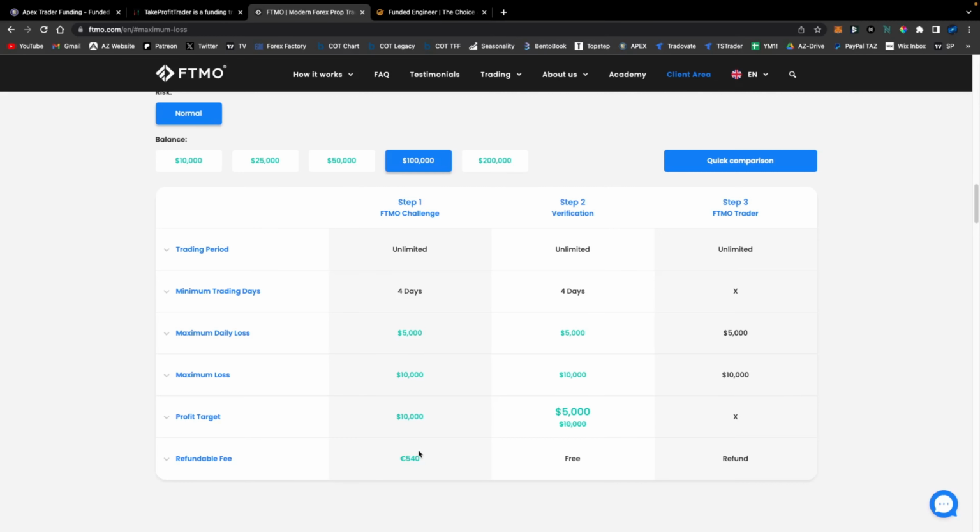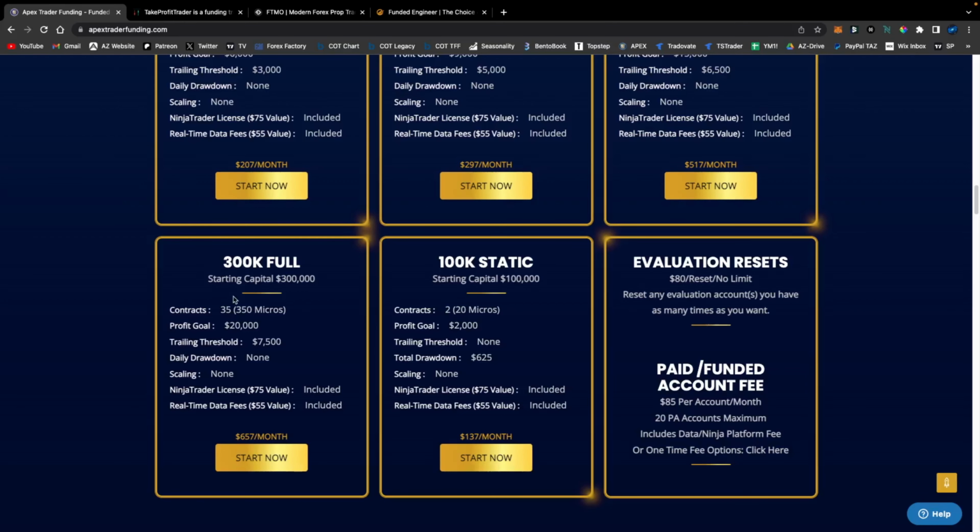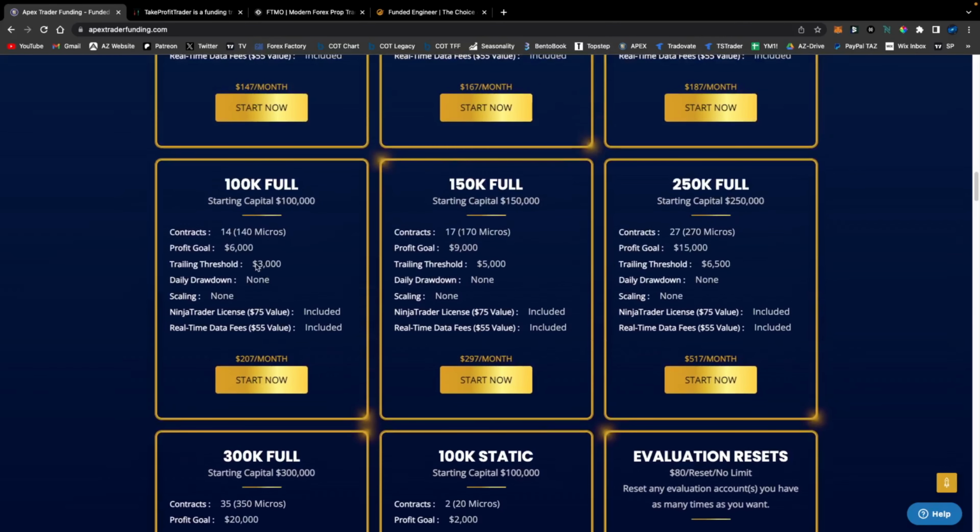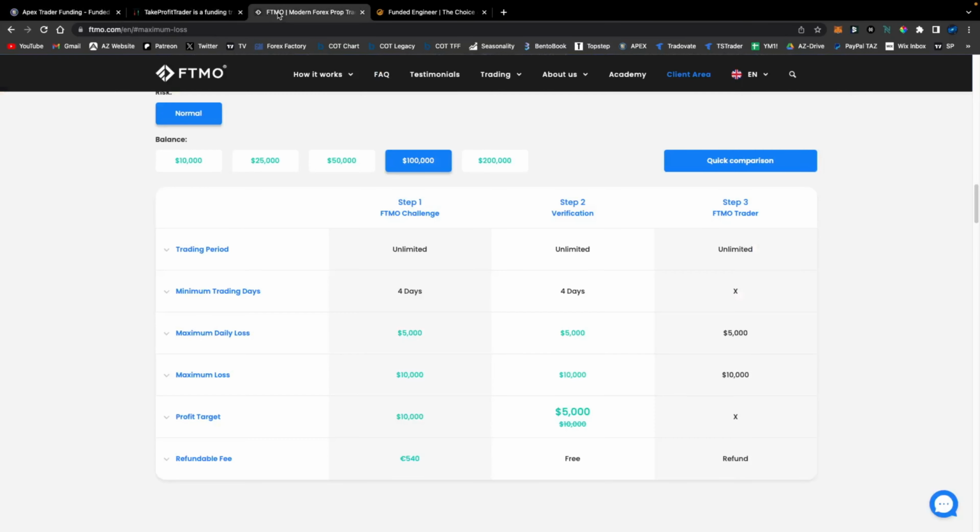Because here you can lose 10% instead of 3%, which is trailing with you. Of course, you have a smaller profit target, and you only have a one-step verification here with Apex Trader Funding or Take Profit Trader. But yet, the more room you have to breathe, the easier the challenge in the end of the day is, at least for me.